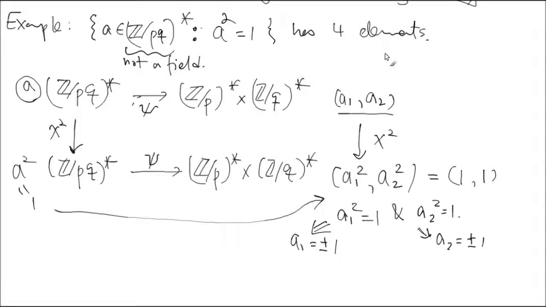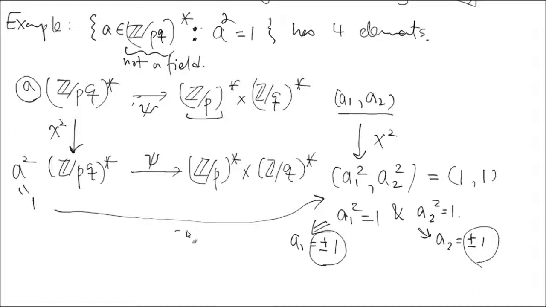Because Z mod p is the same as F_p. What's F_p? A finite field. And in a finite field, how many solutions are there? At most 2. And we found 2. So that's it. So 2 elements here and 2 elements there. The total is not 2 plus 2, it's 2 times 2, right? These are independent.